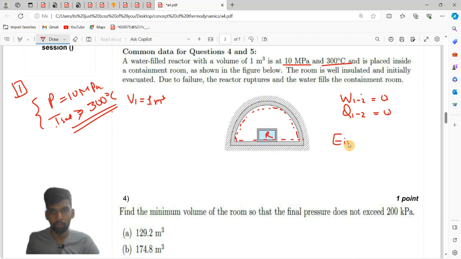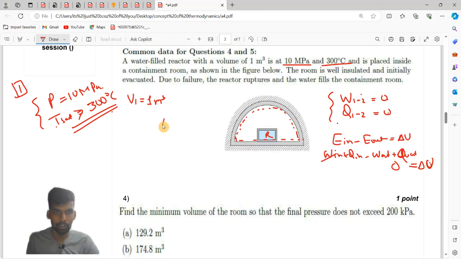So in the energy balance, E in minus E out equals delta U, or delta E; delta KE and delta PE will vanish as no information is given about them. So W in plus Q in minus W out plus Q out is equal to delta U. All these terms on the left-hand side will vanish because from state 1 to 2 we neither get work nor do work, so the left-hand side turns out to be 0.